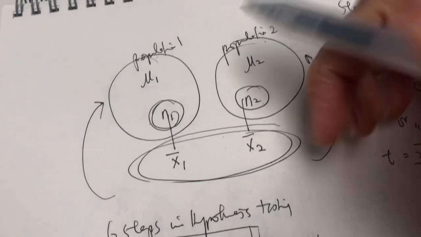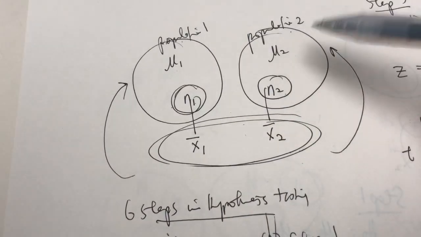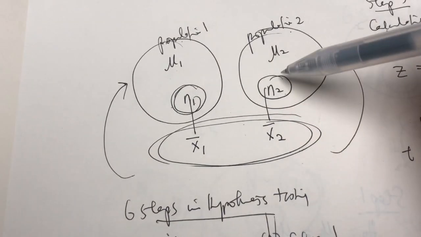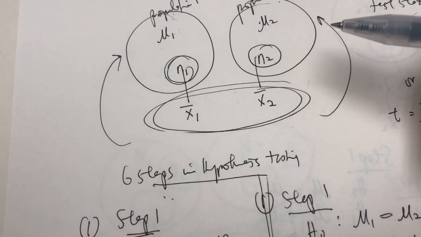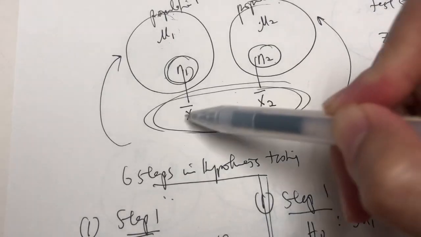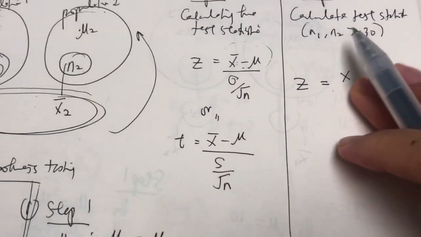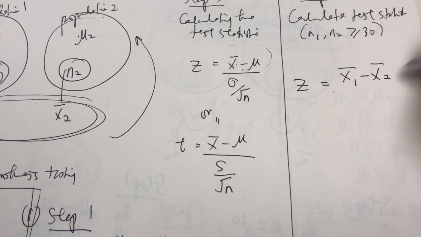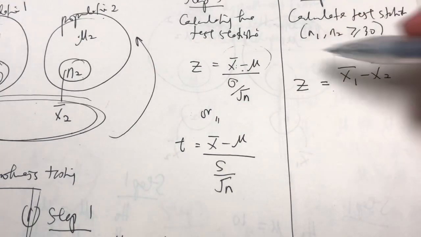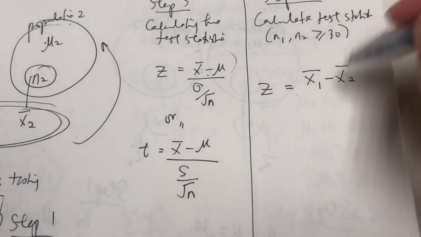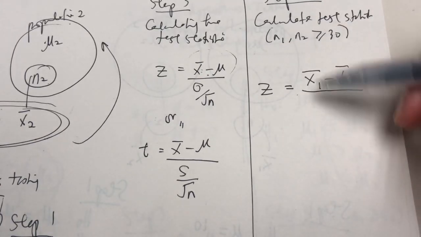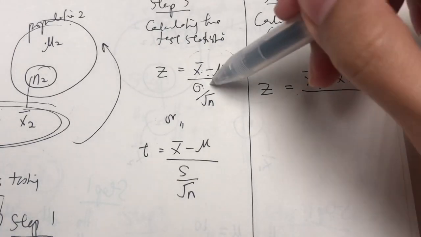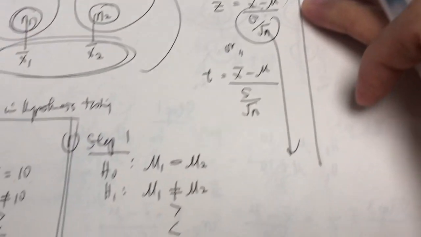Remember, the objective of this test is to see whether there's a difference between mu1 and mu2, so correspondingly we find the difference between these 2 sample means. That is why here we find the difference between X bar 1 and X bar 2. See the difference?